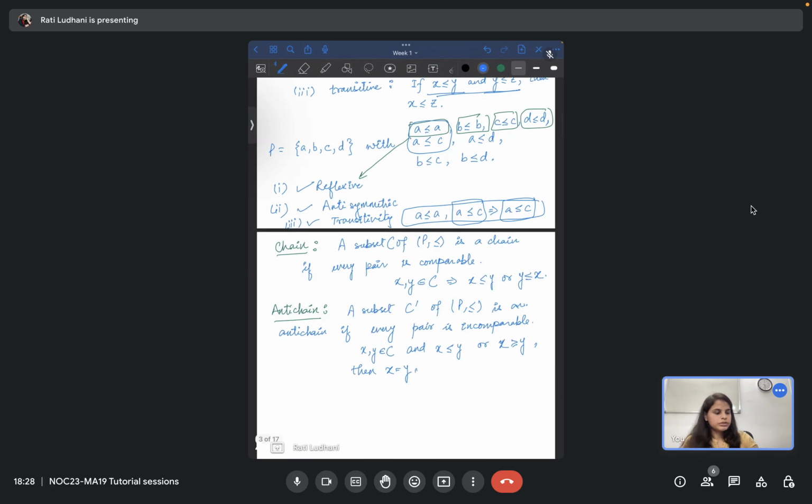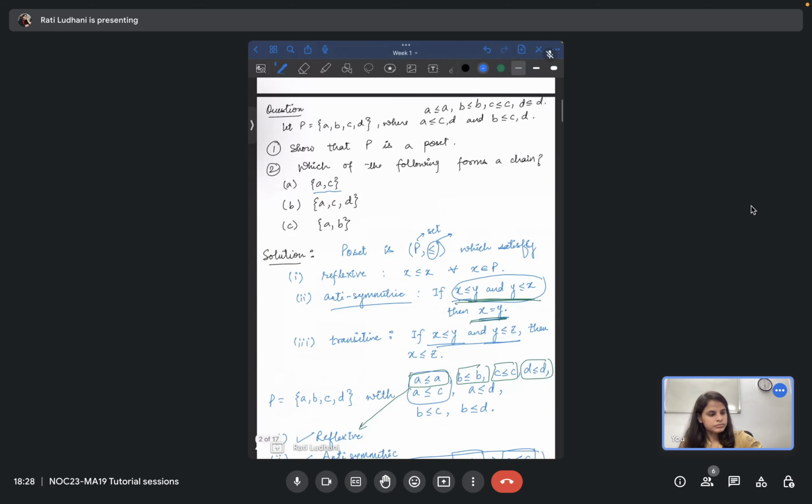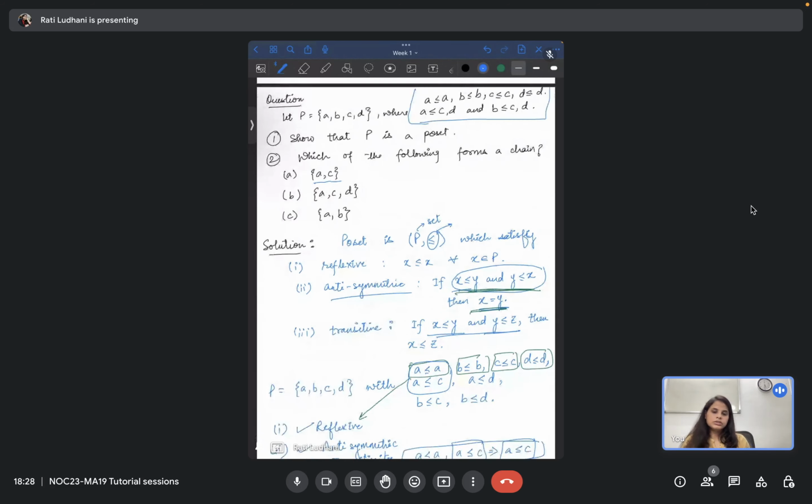Okay, very good. So for our question, it has been asked which of the following forms a chain. If you take A comma C, let's see what we have. So we have these relations. What do you think about A comma C?